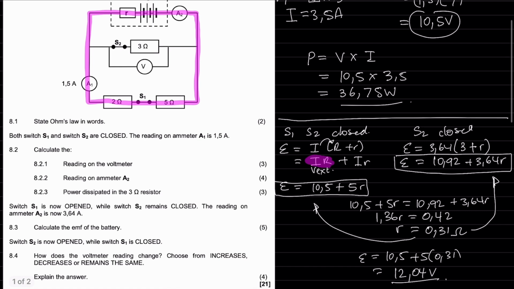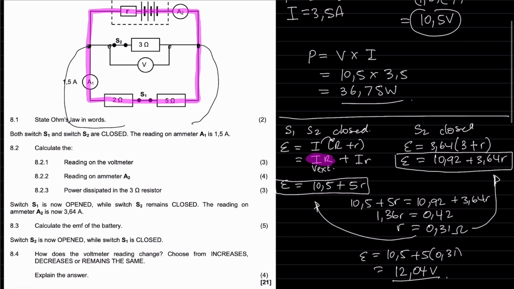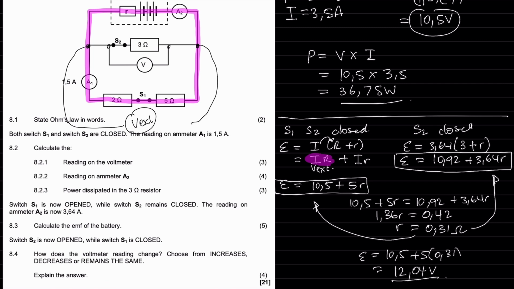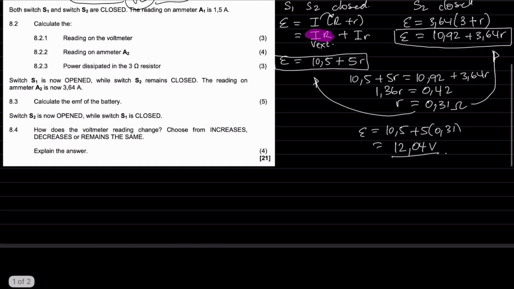How does the voltmeter reading change? Now we may think that the voltmeter is only reading this, but in actual fact, the voltmeter is reading from here to here as well. So what is the voltmeter reading? It's reading the V external. So how does that V external change? Okay, let's take a look. We're going to go to our equation. EMF is equal to I into big R plus small r.